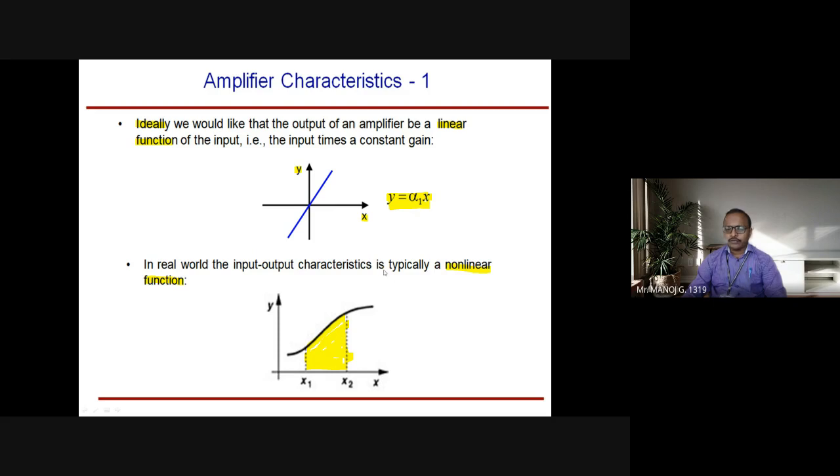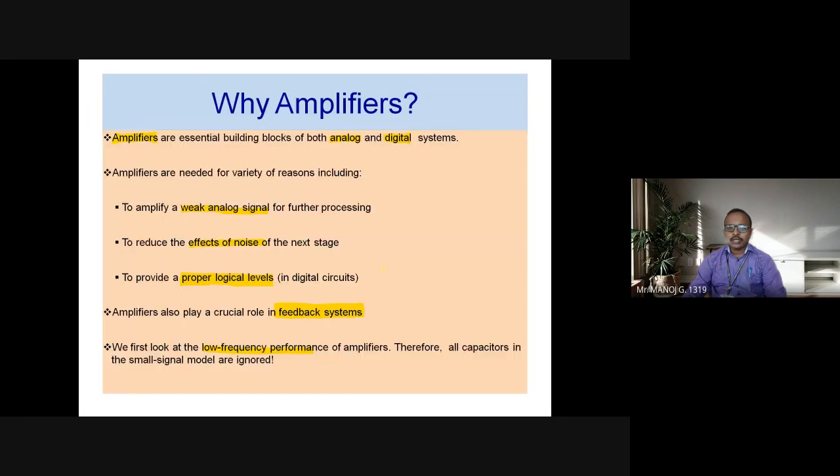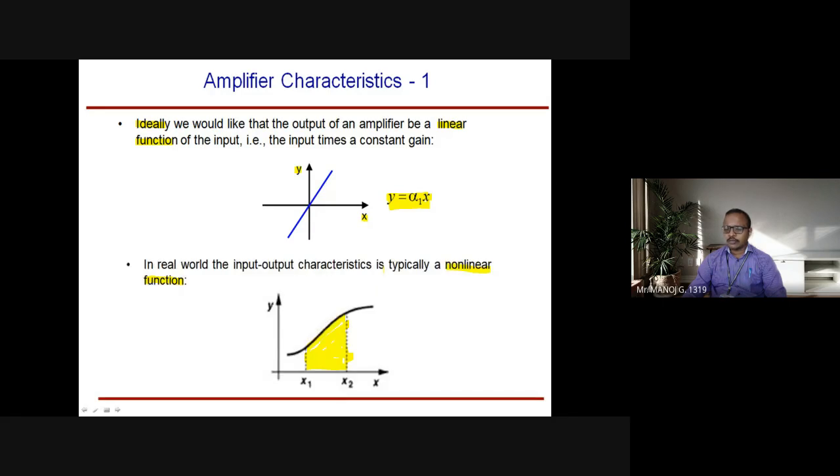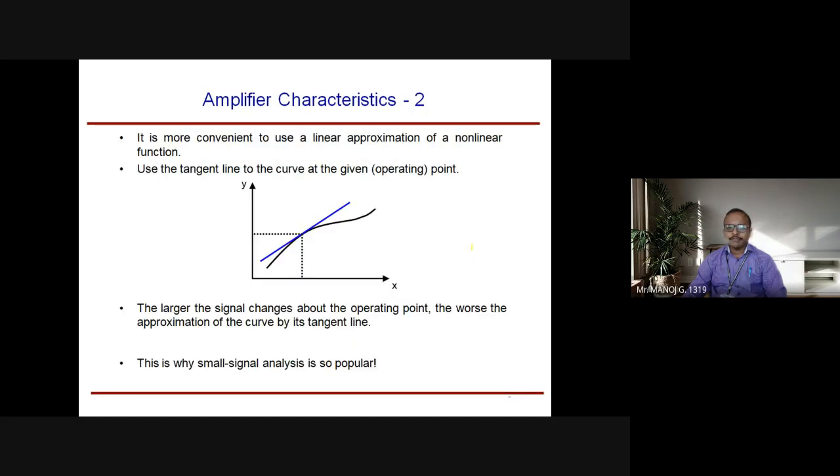So what we have discussed is why you need an amplifier, and then we saw what the characteristics are in two dimensions. With respect to an ideal op amp, it will be a linear function. With respect to a non-linear or practical op amp, it will be a non-linear function. Now we will see how the graph is plotted. It is generally done by linear approximation.